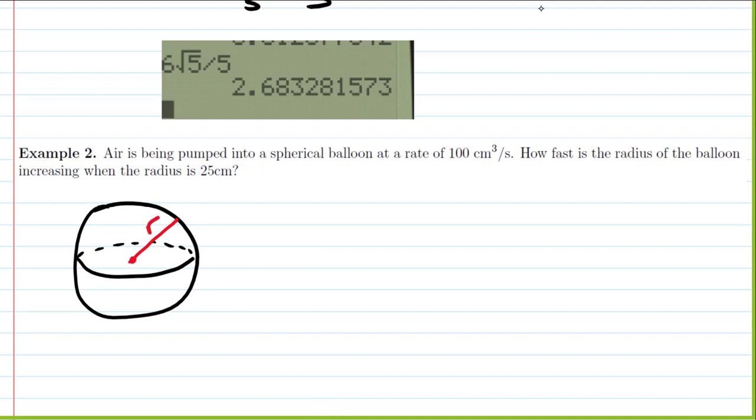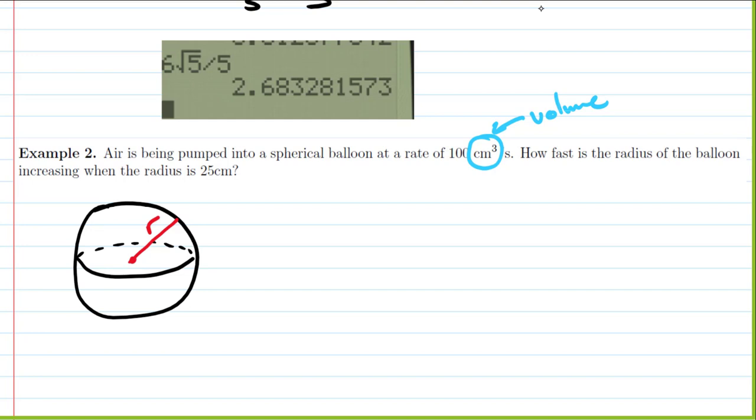The things that we know about is we have a sphere, and we're told that air is being pumped into the balloon at a rate of 100 cubic centimeters per second. Well, 100 cubic centimeters is a volume. So that tells us that our rate is given in terms of a volume.